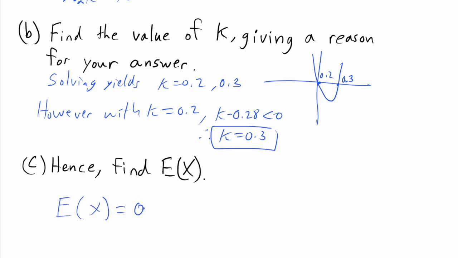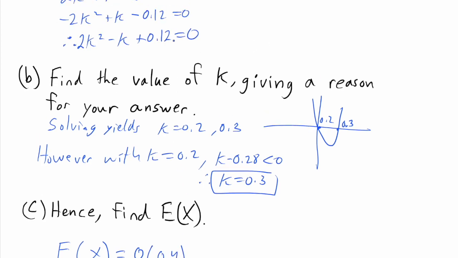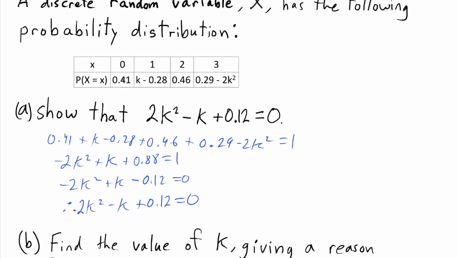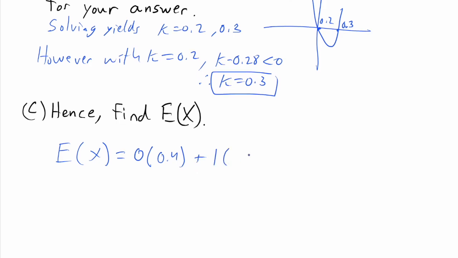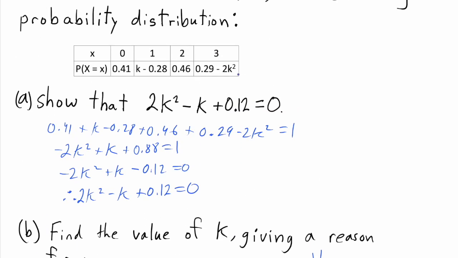You're going to take the x's times the probability of x's. 0 times that, 1 times that, 0.3 minus 0.28, plus 2 times 0.46, plus 3 times 0.29, minus 2 times 0.3 squared, I believe. Yes.